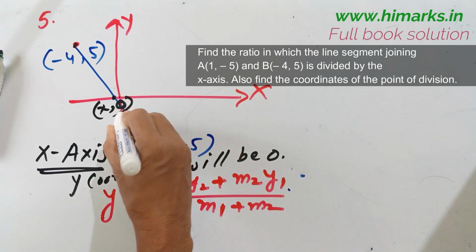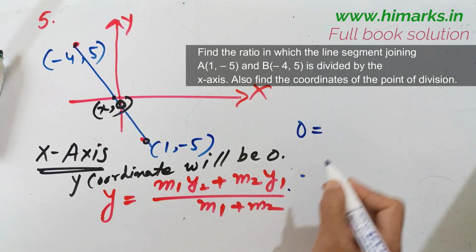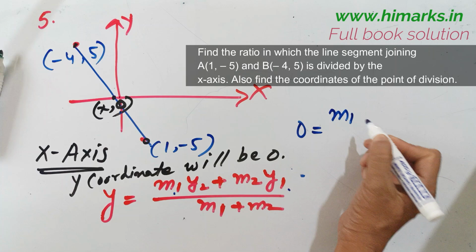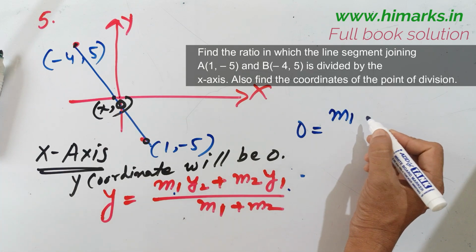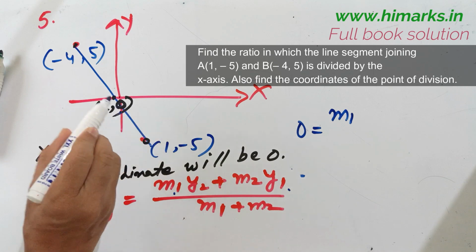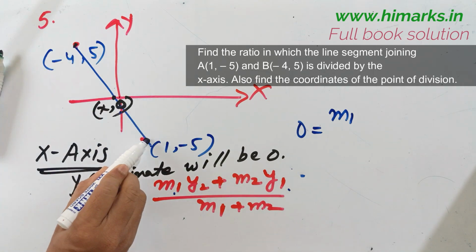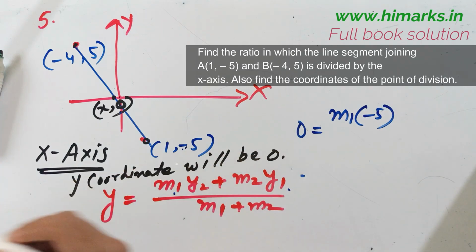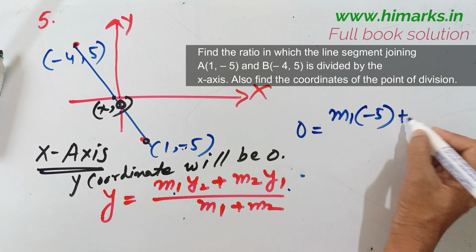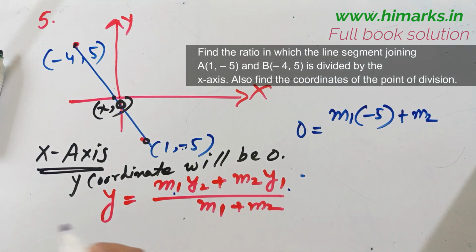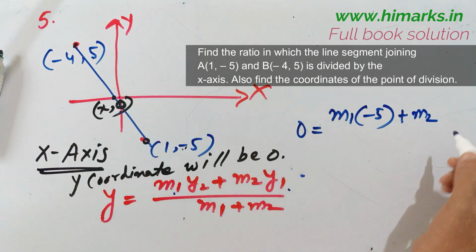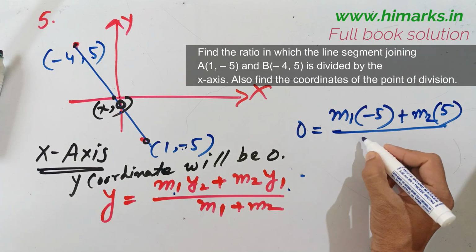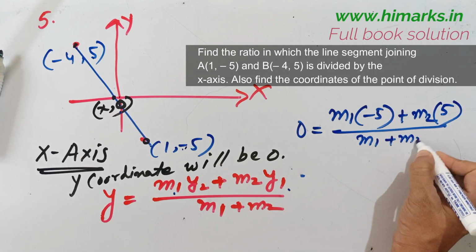Y equals 0 here. So put 0, and m1 we don't know, we have to find the ratio. So m1 into y2. This is the first point, this is the second point. So here m1 into y2 is minus 5, plus m2, which is also unknown, into the y value, which is 5, by m1 plus m2.